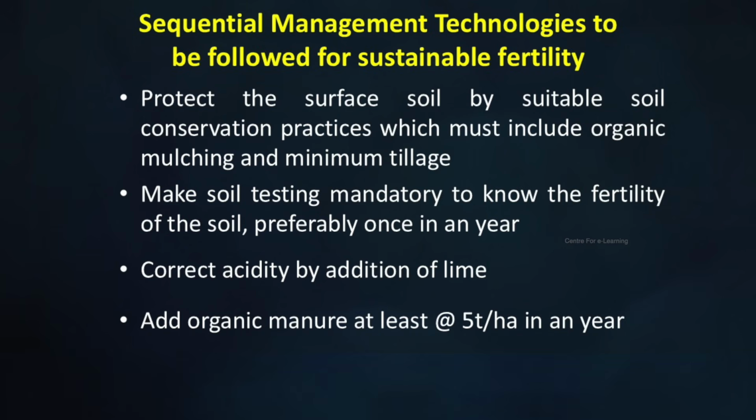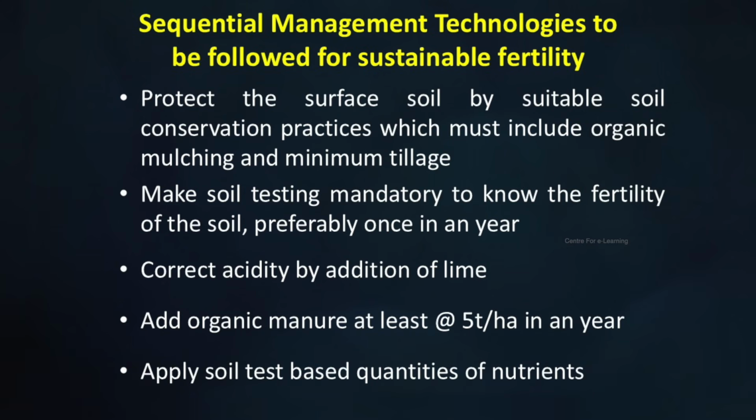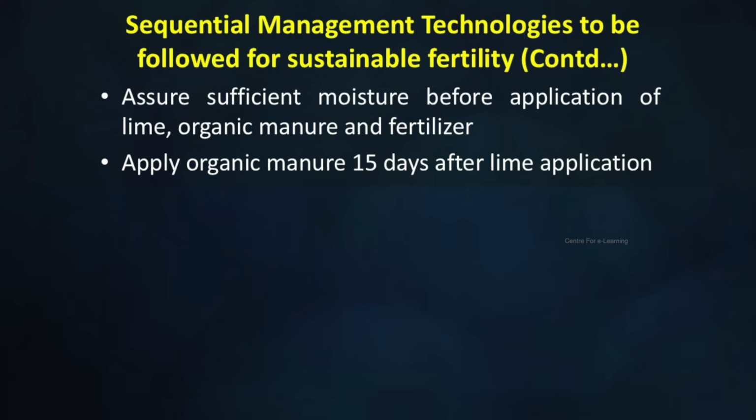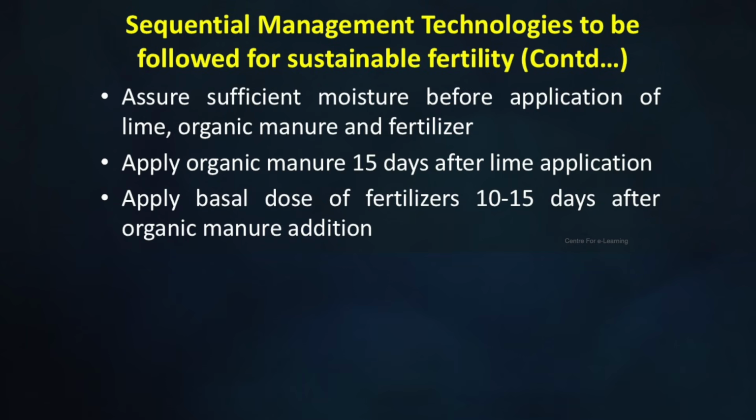Again, give some time for it to decompose and become part of the soil. Then, as per the rating, soil test based quantities of NPK can be given. Ensure sufficient moisture before application of lime, organic manure and fertilizer. Then apply organic manure 15 days after liming. Apply the basal dose of fertilizers 10 to 15 days after organic manure application.